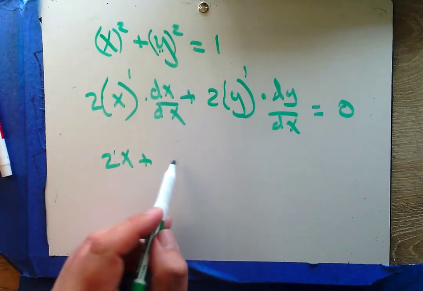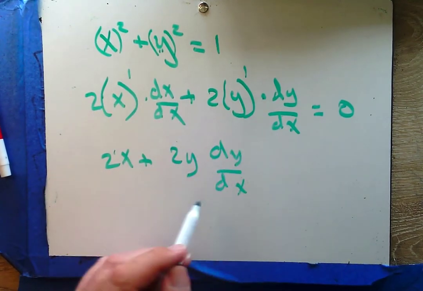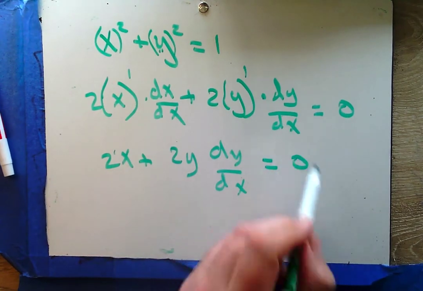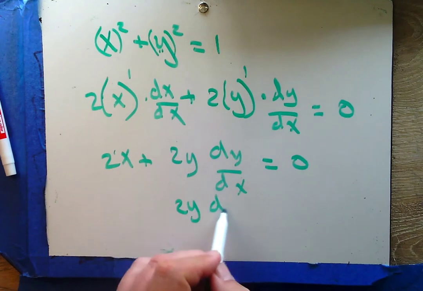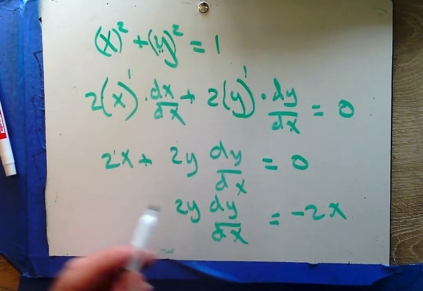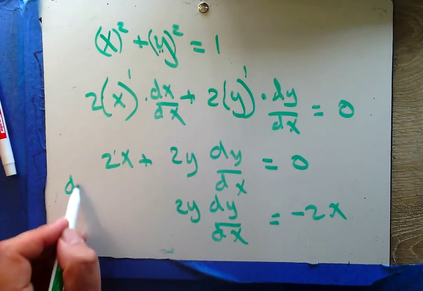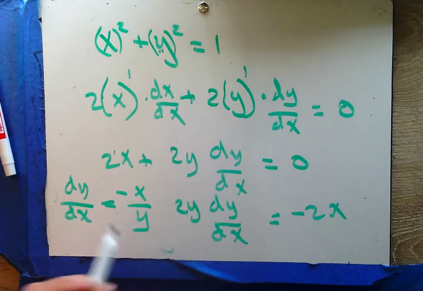Okay, so I've got 2x plus 2y dy dx equals 0. 2y dy dx equals negative 2x. And so I can end up saying that dy dx equals negative x over y.